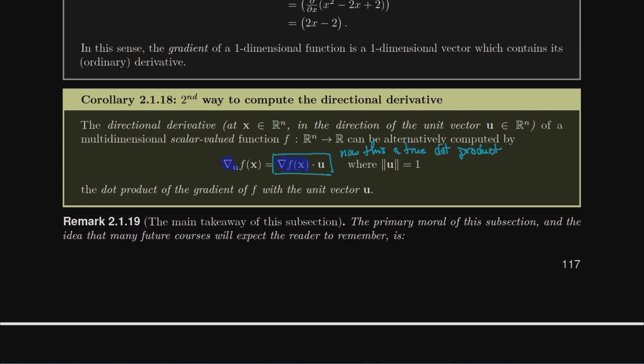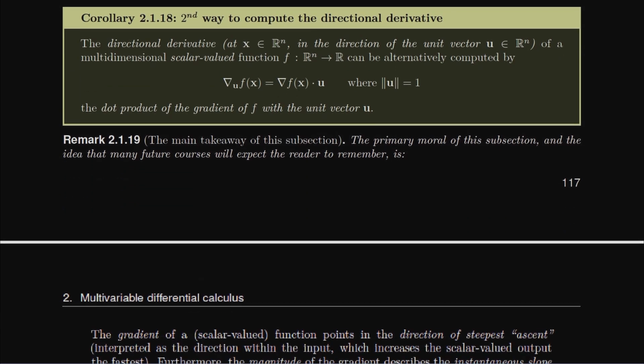The total derivative of a function is a matrix, but the gradient is a vector. So now you take a vector and you dot product with the unit vector you would like to check for the directional derivative in. This is maybe a more common way that a lot of people interpret computing the directional derivative, as a dot product with the gradient rather than the action of the derivative on the unit vector that you're looking at.